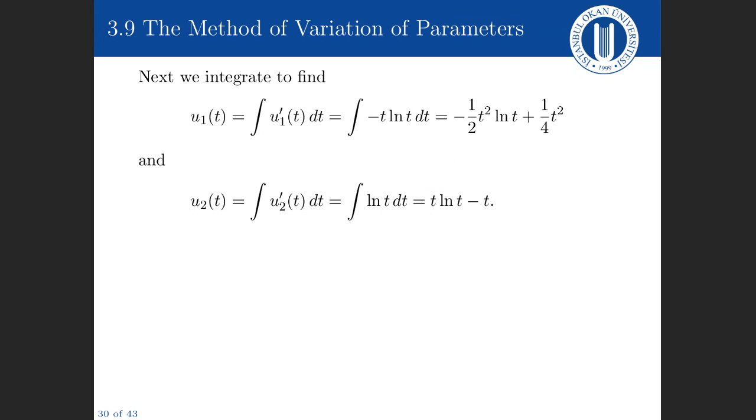Recall your calculus 2 theory on how to integrate ln t or t ln t. You can check that u1 must be minus a half t squared ln t plus a quarter t squared, and u2 must be t ln t minus t.